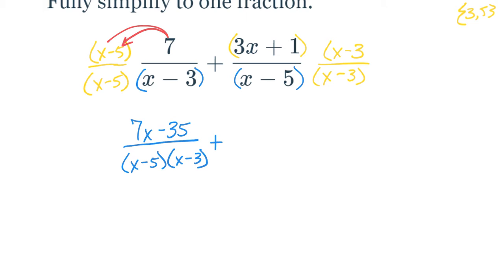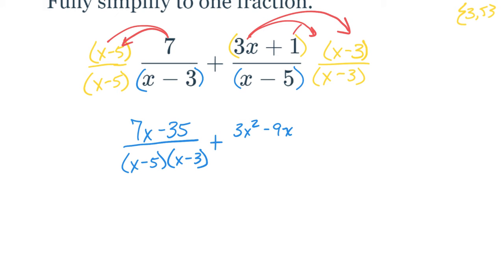On the right side, we end up with distribution of two binomials. This is where we would actually do the FOIL method. We would go 3 times x, which gives us 3x squared. We would have 3 times negative 3, which is negative 9x.